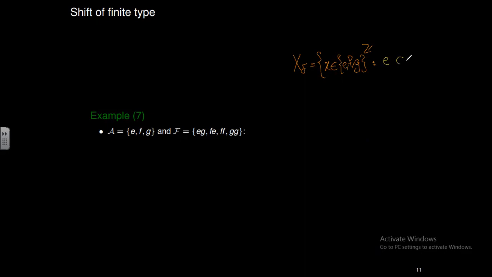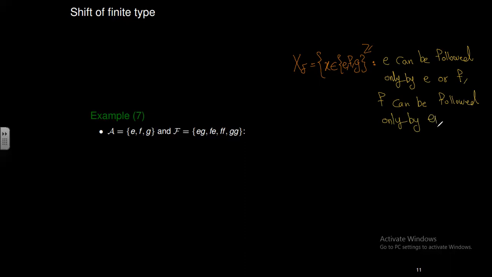such that E can be followed only by E or F. F can be followed only by G, okay, and G can be followed only by E or F. Let me change the colors a little bit.